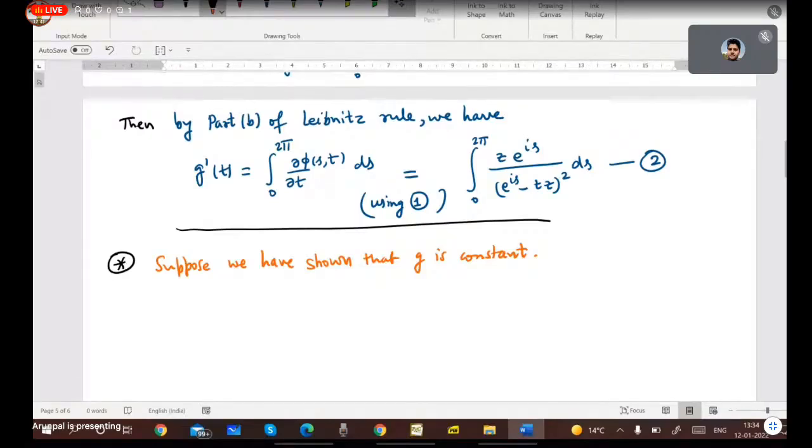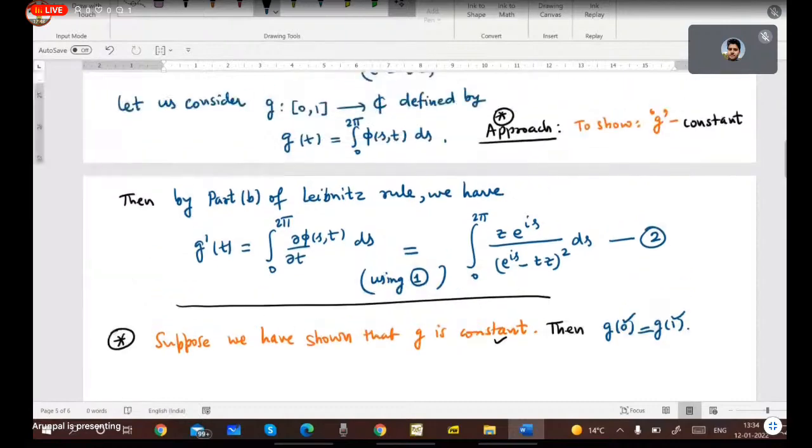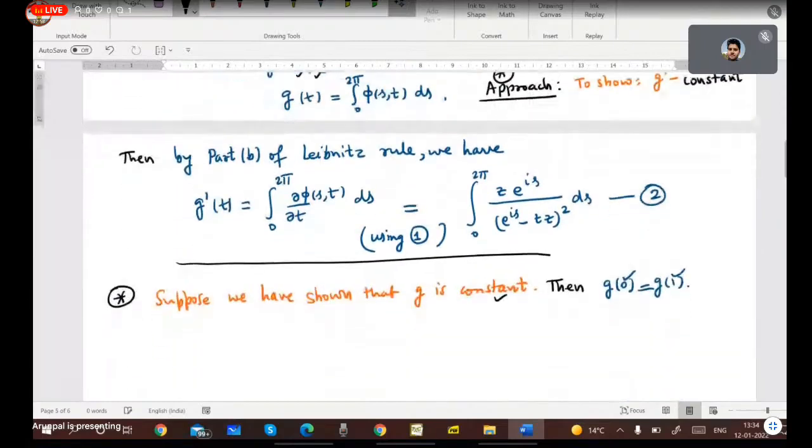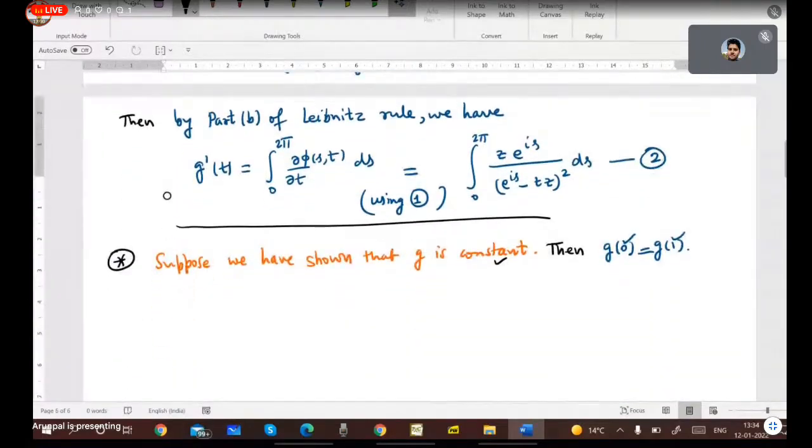Using this definition, the value of g at 0 and the value of g at 1 will be the same. In particular, I am taking 0 and 1. Though the value of g at every point of its domain will be the same, I am concerned only with the endpoints. So certainly at the endpoints also the value will be the same. Is this okay, class?